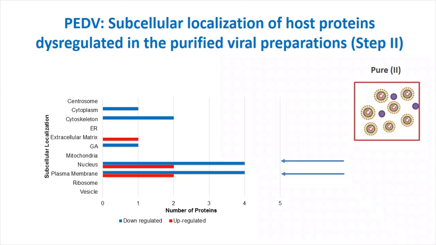But at the same time, we saw upregulation and downregulation of the abundance of certain host proteins, showing again that this approach is absolutely fantastic, and we have a shorter list of proteins, but these proteins are encapsidated or associated with viral particles.